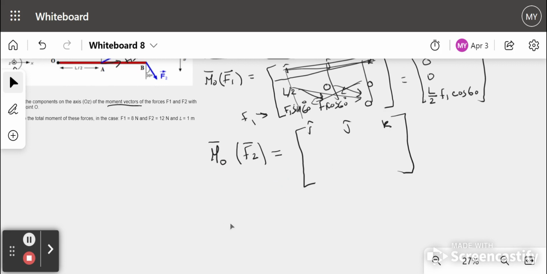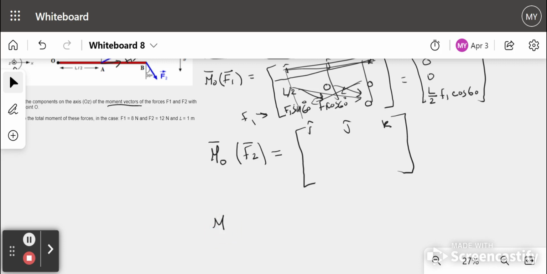You will notice here that F2 will be in the negative direction for sure, because your F2 might rotate the system in the anti-clockwise or in the clockwise direction. So you can do this yourself and let me know if you need any help. I'm going to post or send you the answer even. Just write in my email. You can let me know in the comments if you need it.